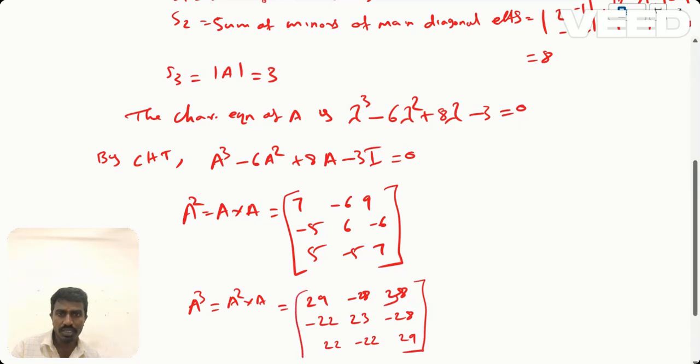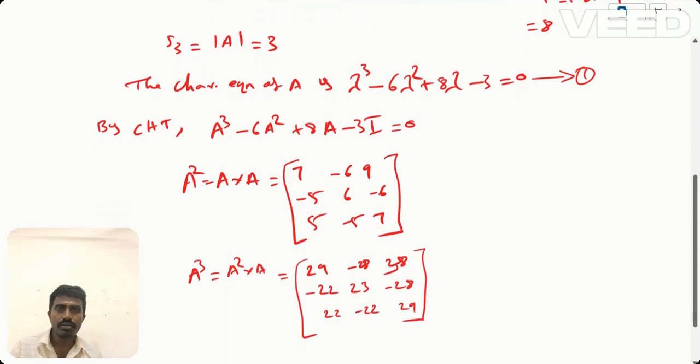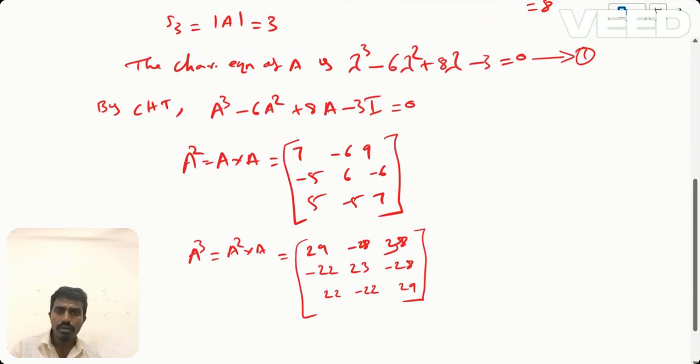Now, if you substitute these values in equation 1, this is equation number 1. From this, what you may get? A cube minus 6A square plus 8A minus 3I, which is equal to, now substitute the value of A cube.